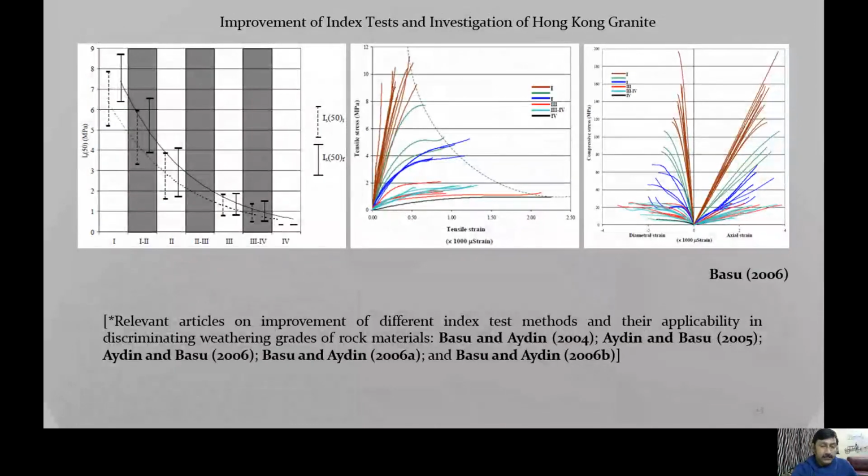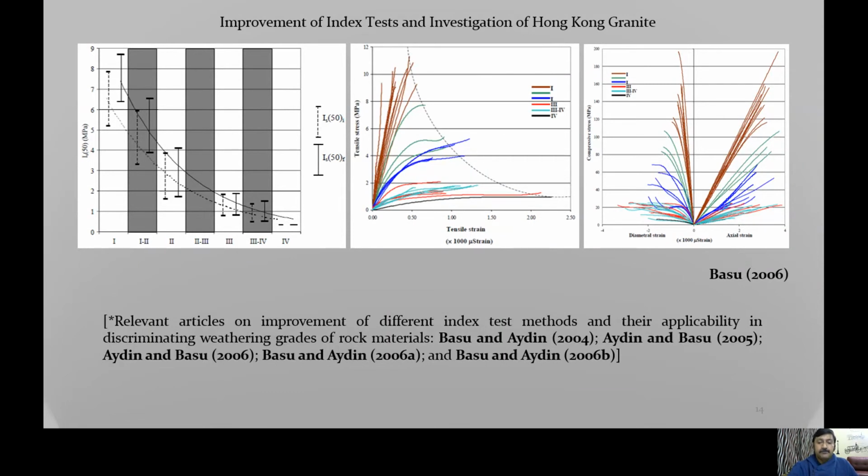When we tried to use other destructive index tests like point load tests, we found that the point load device normally does not come, in general use or on the shelf, with a distance sensor.